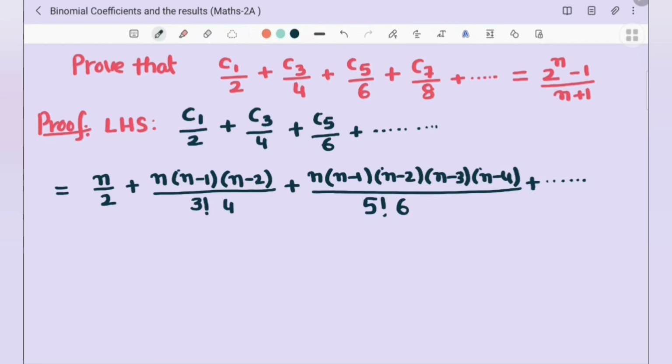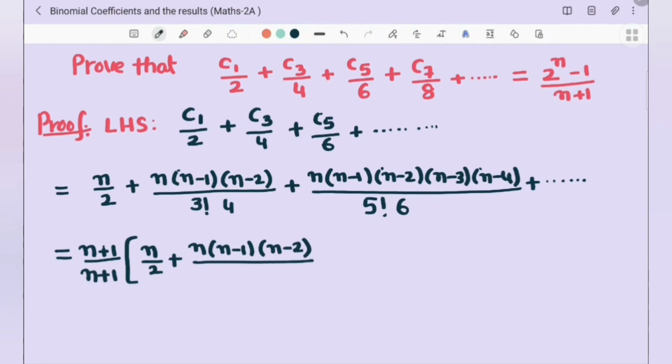Now what I am doing is, in the RHS n plus 1 is there in the denominator. So for LHS, multiplying and dividing by n plus 1, and the rest of the terms as usual we can write as it is: n by 2, n into n minus 1 into n minus 2 divided by 3 factorial into 4. Here you have to remember, dear students, n into n minus 1 factorial can be written as n factorial.